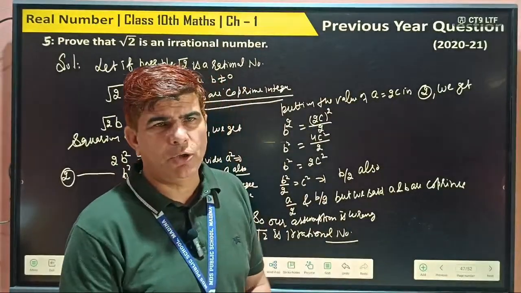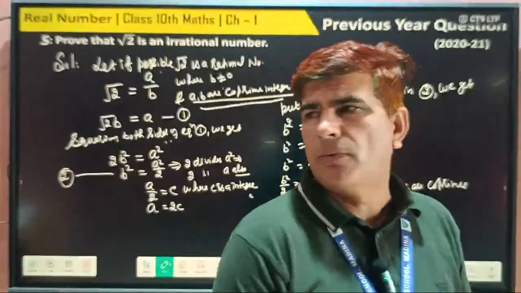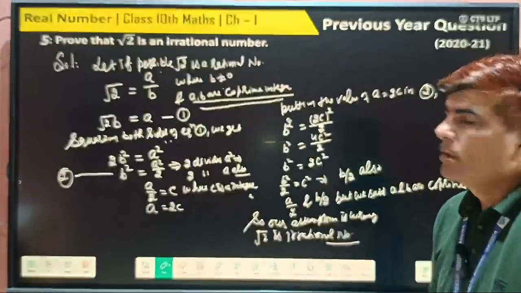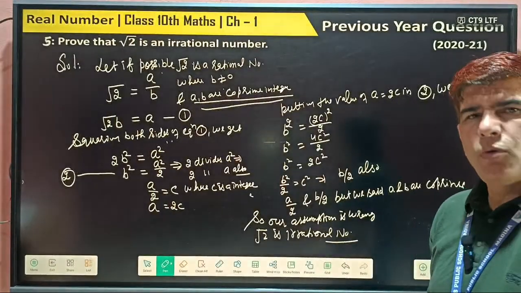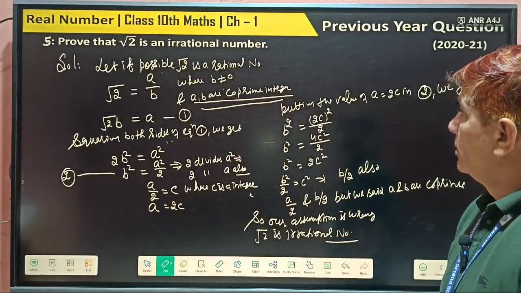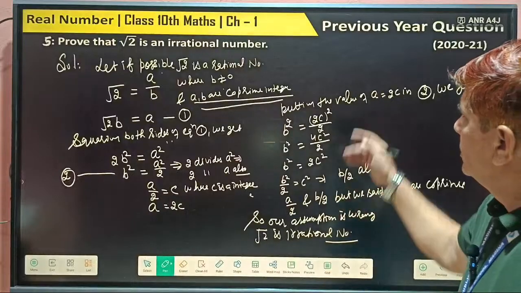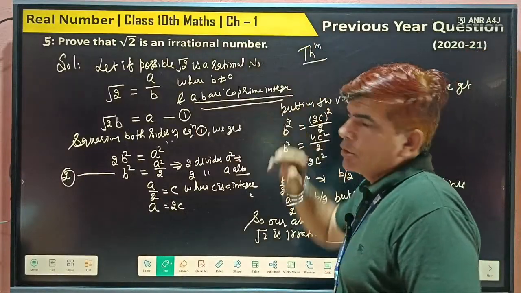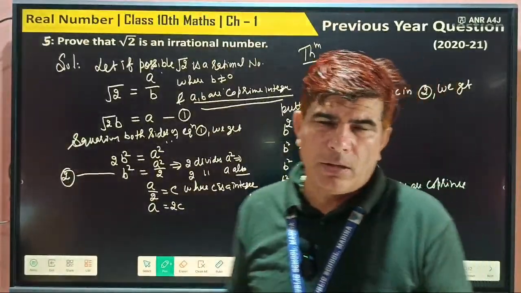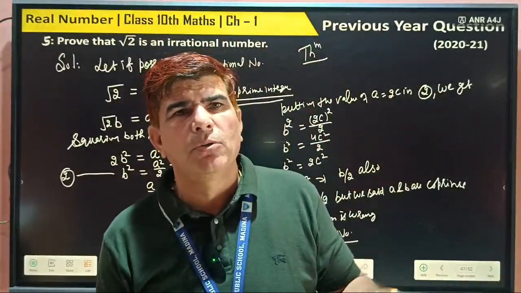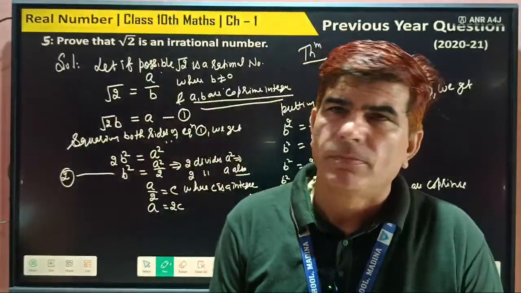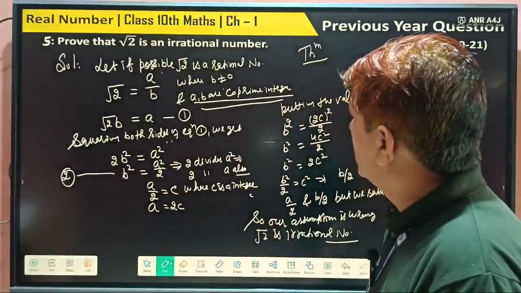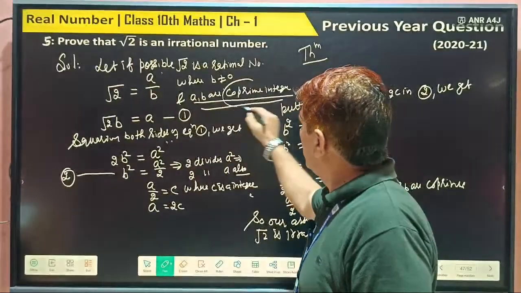Got it? Similarly, you can prove under root 3, under root 5, under root 7, under root 11, 13, 17, all prime numbers under the root. But you need that theorem: if P is a prime number and P divides A square, then P divides A also. And what do you need? What are co-prime?